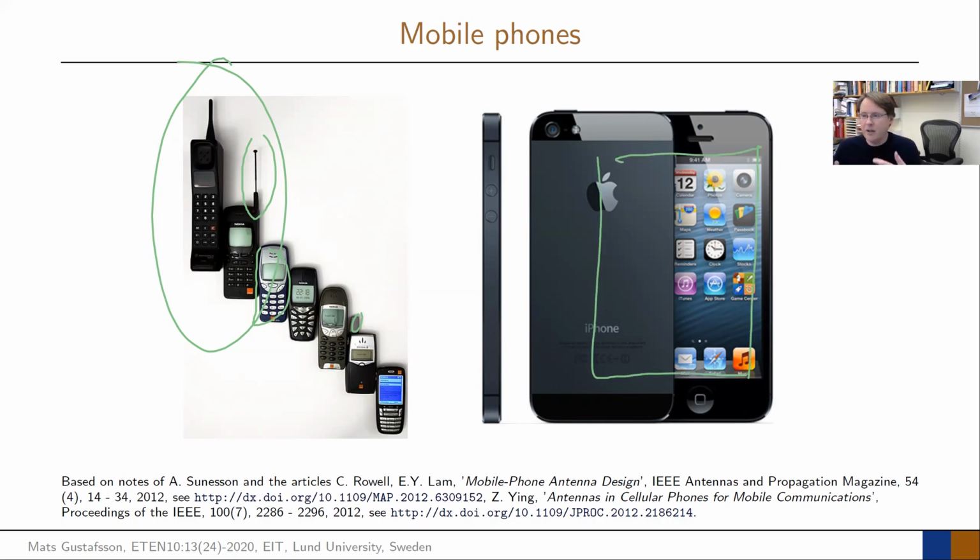So some entertainment, communication, internet device that needs to use a lot of different ways to communicate, and of course has much higher bit rate and many more frequency bands, and much less space for the antennas. So it's a very, very tough environment to actually put antennas inside of these kinds of devices.